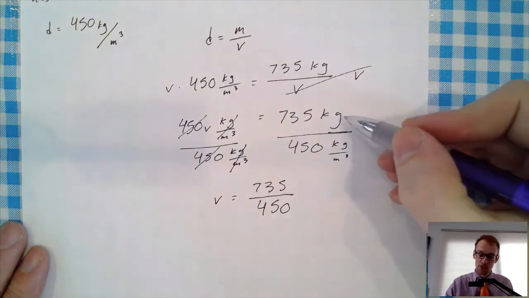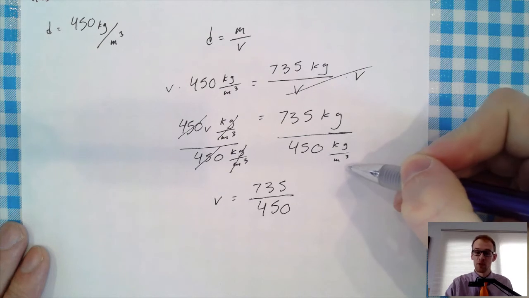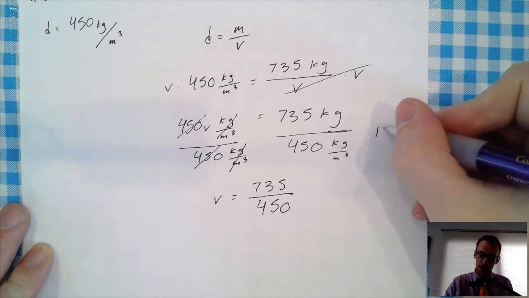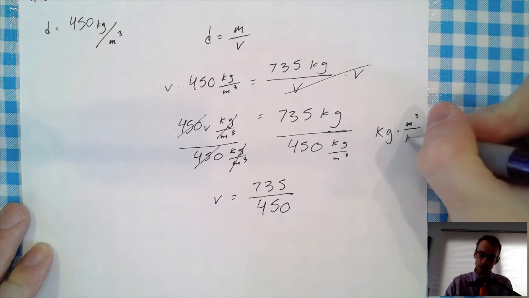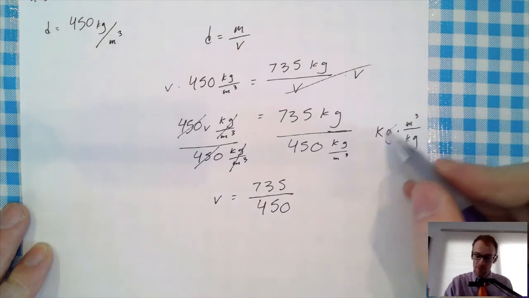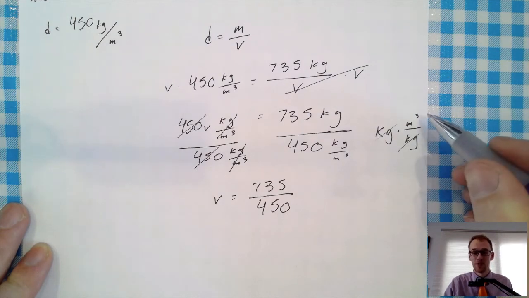Okay, so instead of doing kilogram divided by this fraction, kilogram over meter cubed, that's the same thing as kilograms times meters cubed over kilograms. And you get kilograms divided by kilograms equals 1, and you just get meters cubed.